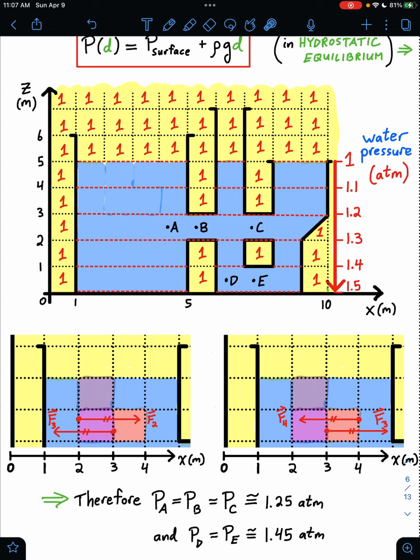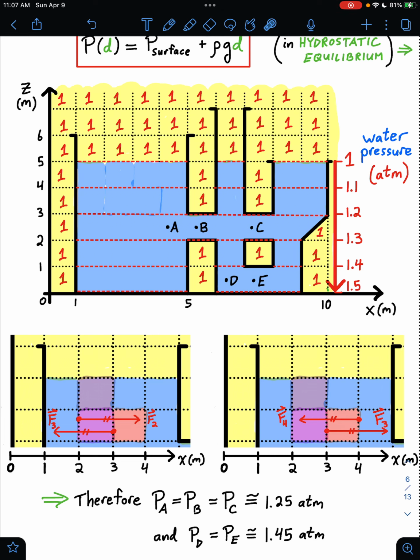And if we look at the horizontal forces now on this pink fluid element, there is a force pushing it to the right from this cube over here. We'll call that F2. It will be the force due to the pressure at position 2 here. And then there's also a force pushing the pink cube to the left that's coming from this reddish cube there.